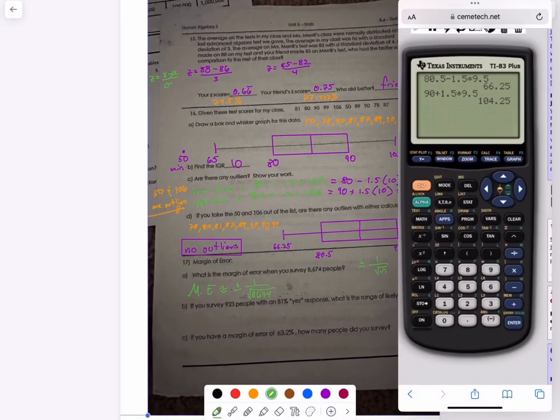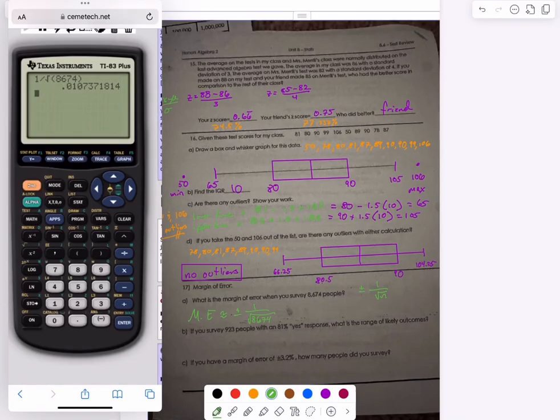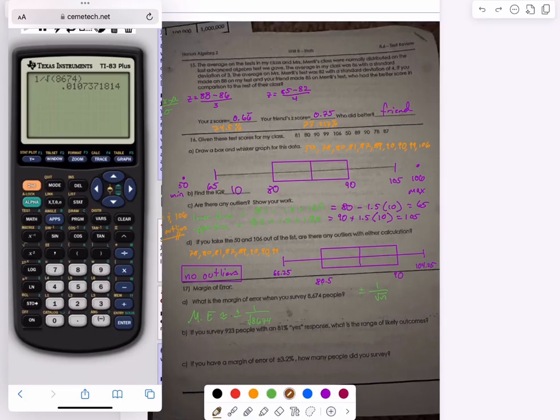Again, all of these are with a star, so this is just me looking at it and a little bit of cross-referencing. 1 over the square root of 8674 is, we'll say, plus or minus 0.0107.